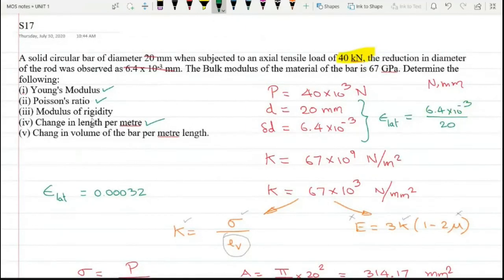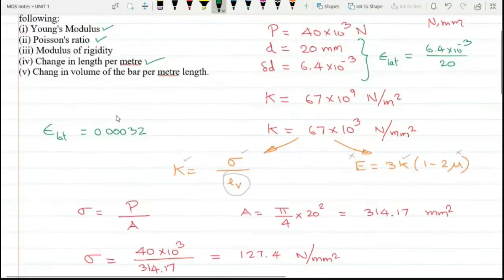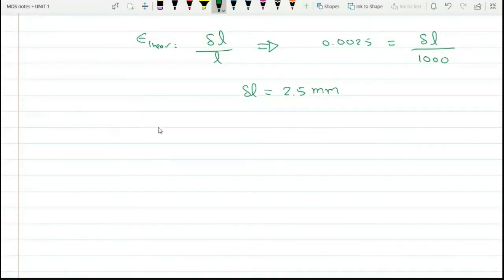Now we will go for modulus of rigidity, G. E is equal to 2G of 1 plus mu.